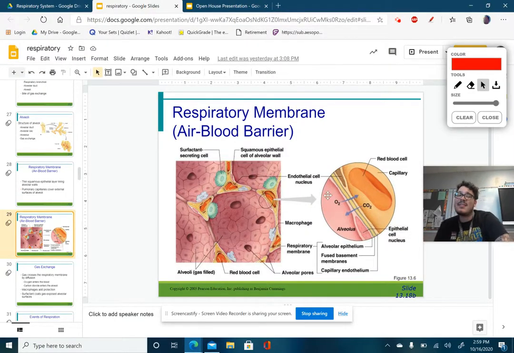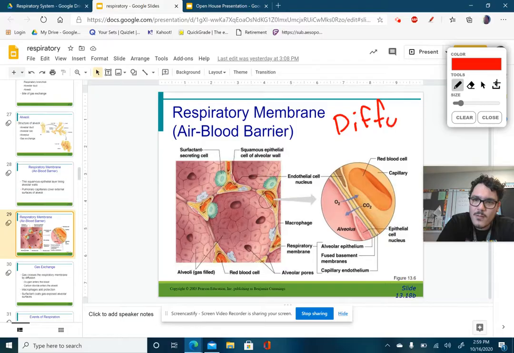So here we get to see how gases move. Now, if you remember biology, which if you're taking an anatomy class, I would hope you've reviewed your biology, the movement of molecules from high to low concentration is diffusion. So what do we mean by movement of molecules?